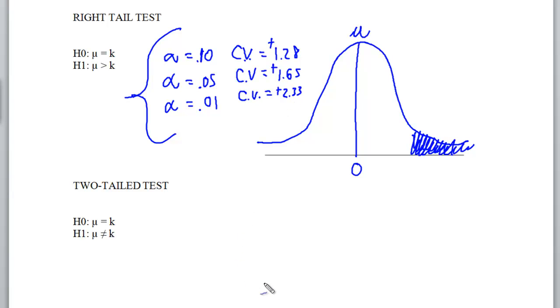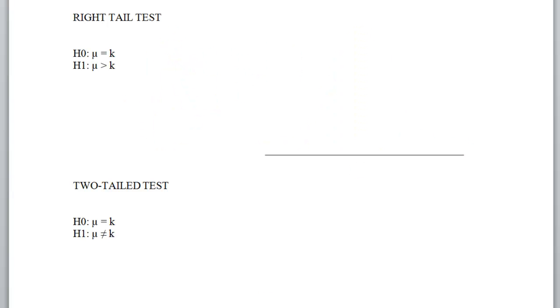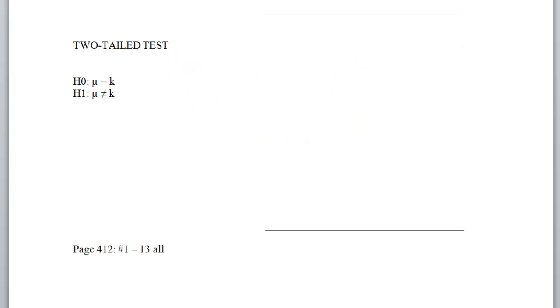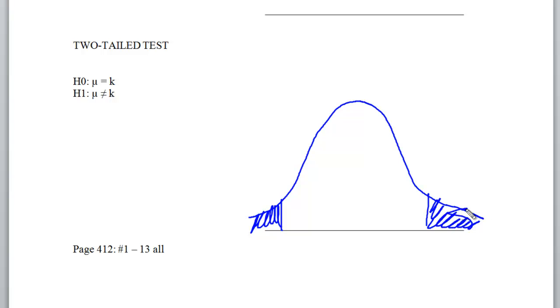Now in the two-tailed test, again, I'll let you copy this down. Here we have now our two-tailed test. It is going to be a little bit like the last chapter that we dealt with, because some of you went to go find your values on the Z table there.